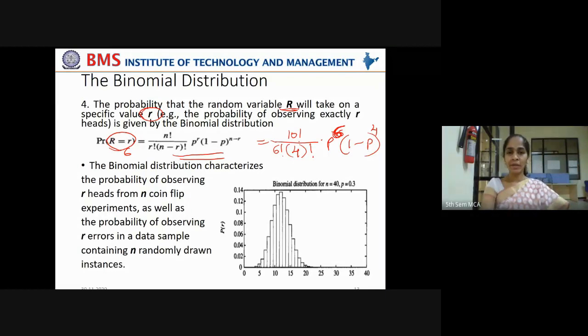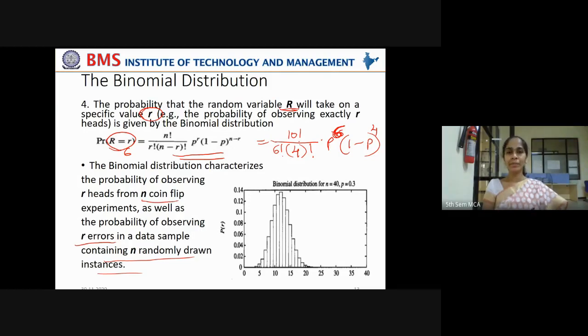Now the binomial distribution characterizes the probability of observing R heads from n coin flip experiments, as well as the probability of observing R errors in a data sample containing n randomly drawn instances. Now you have taken n new instances. Out of that, R predictions are made wrongly. In that case, the accuracy is (n - R) by n.